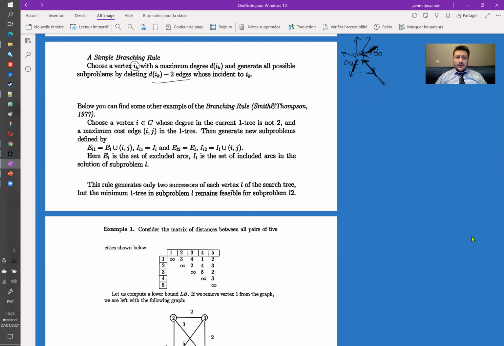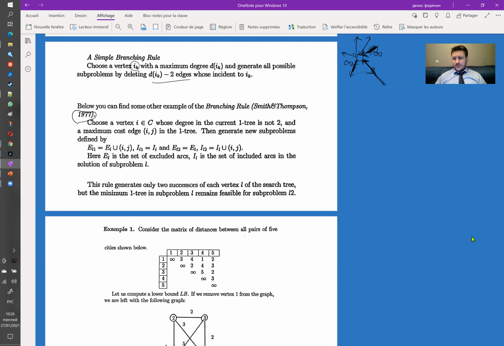Okay, the problem is very old. I would like to emphasize that the basis of our course is rather old problems. So it's a classical solution. You can find details everywhere, in Wikipedia, in articles, in books. There are maybe hundreds of books about this branching rule.